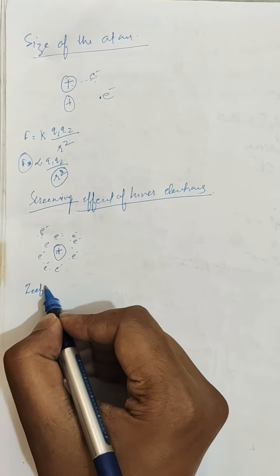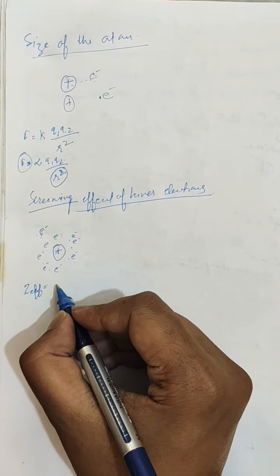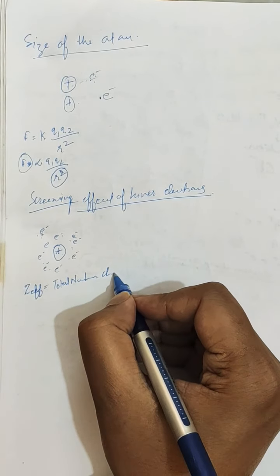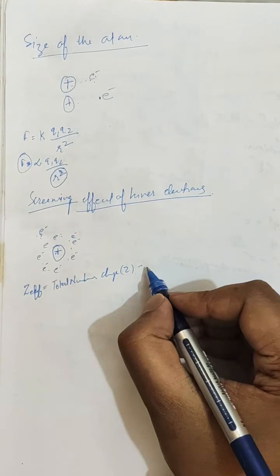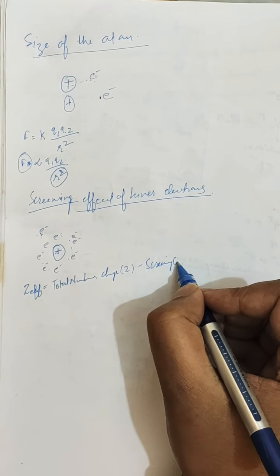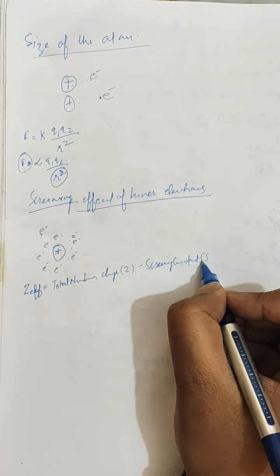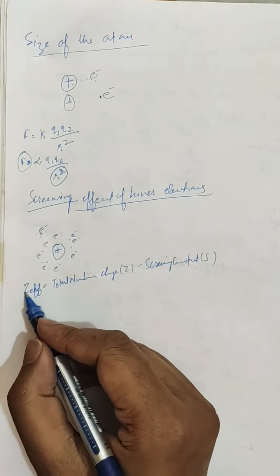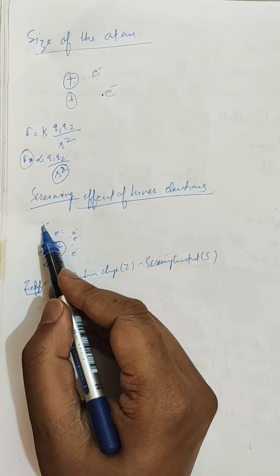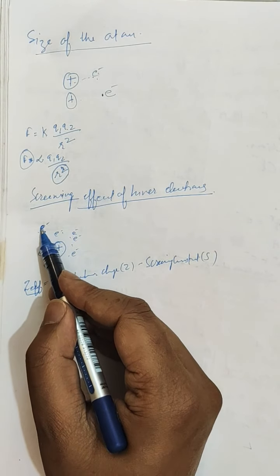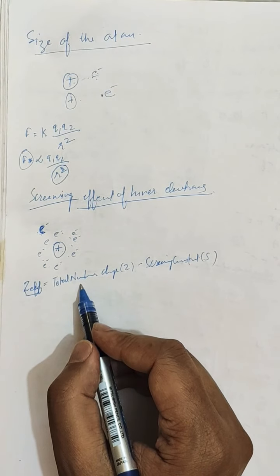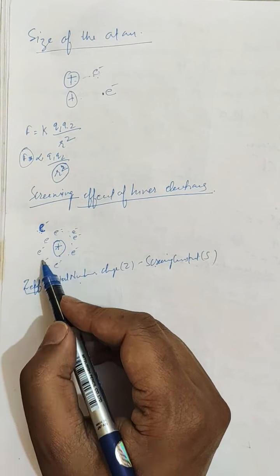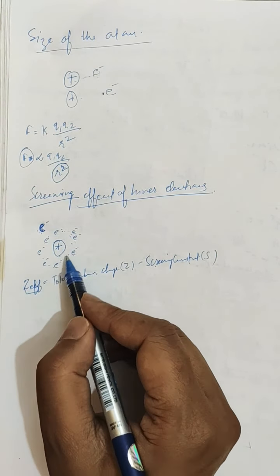Effective nuclear charge, Z effective, is equal to the total nuclear charge Z minus the screening constant S, that is, Z minus S. This is the effective nuclear charge felt by the outermost electron, where S is the screening constant given by the shielding electrons.